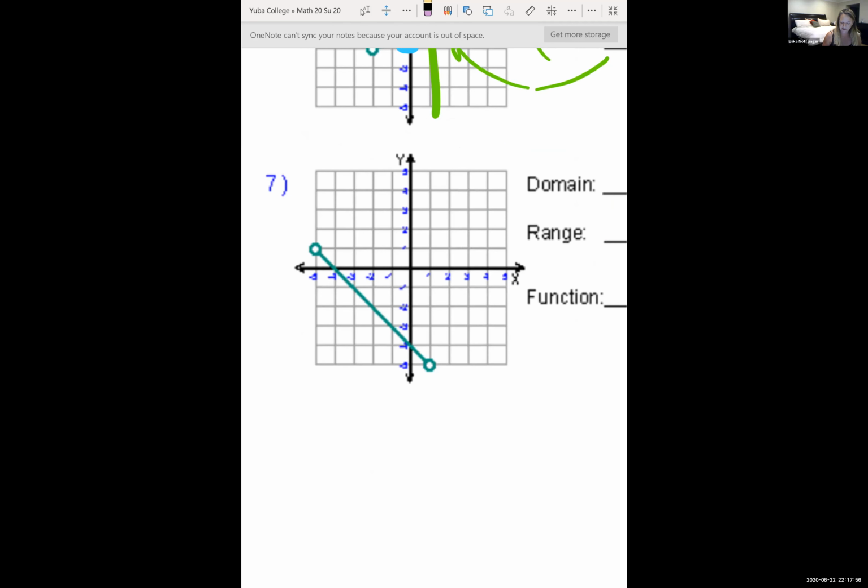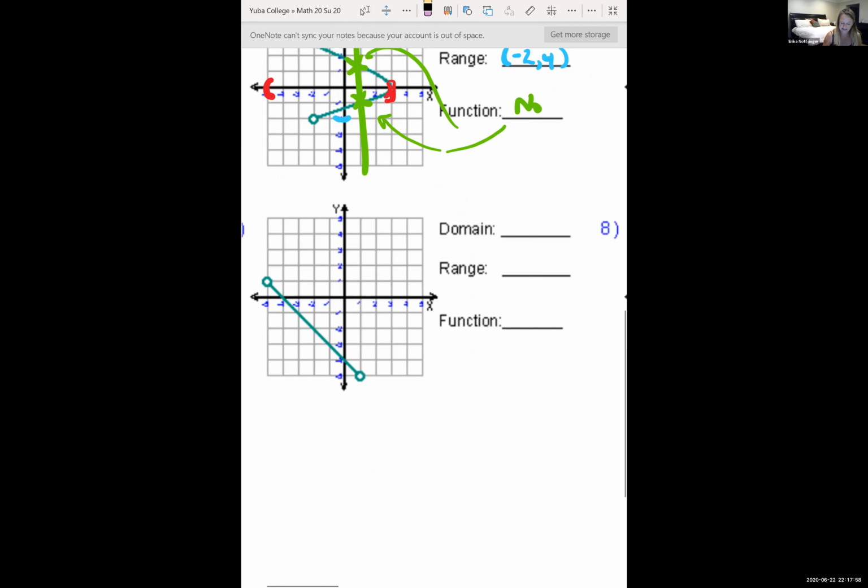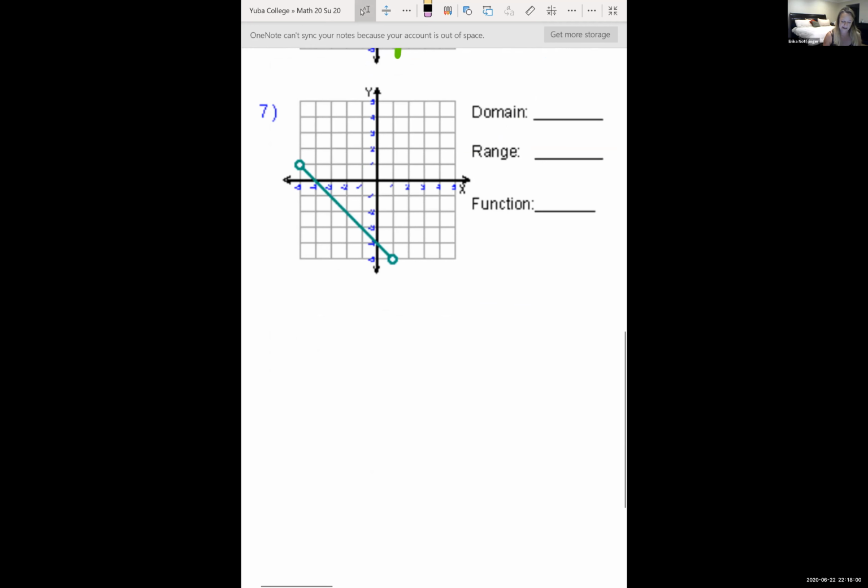Okay, let's say we wanted to ask more questions other than domain, range, and is it a function. Let's say this is given to be f of x, and it wanted you to find f of -1.